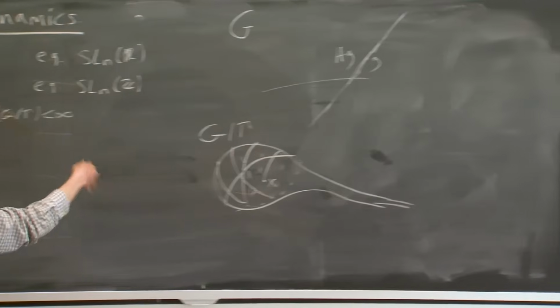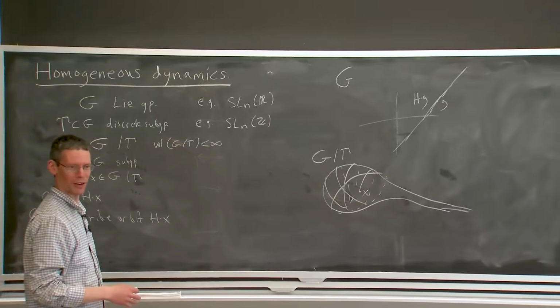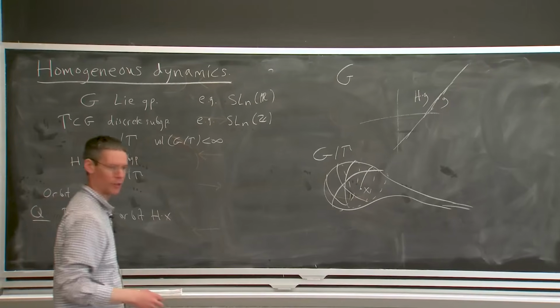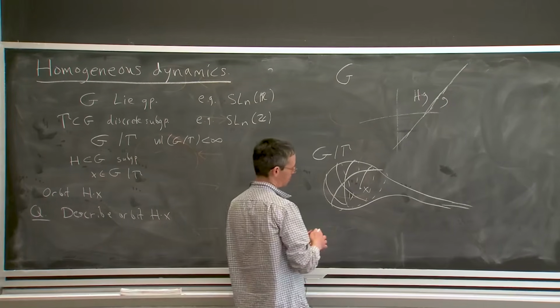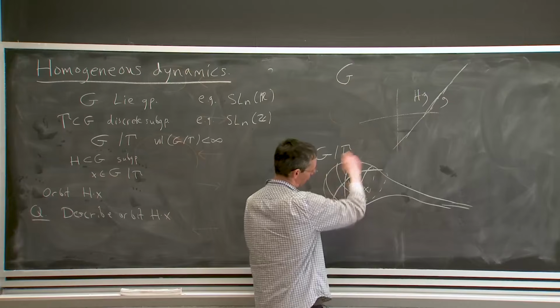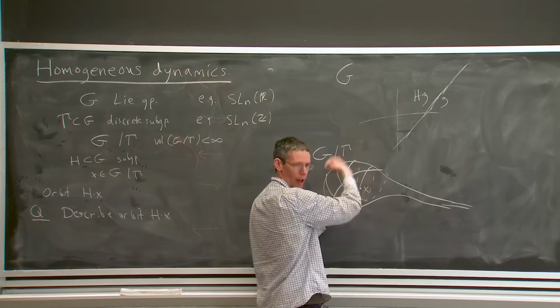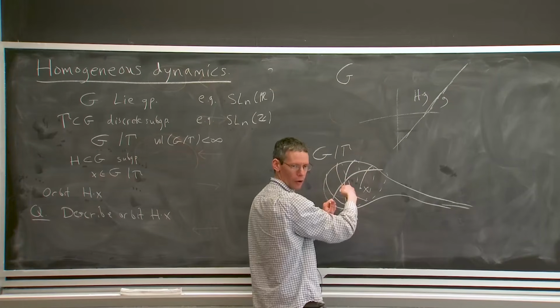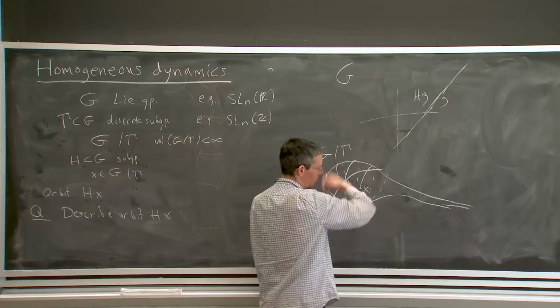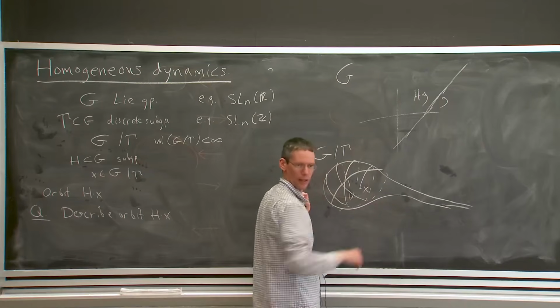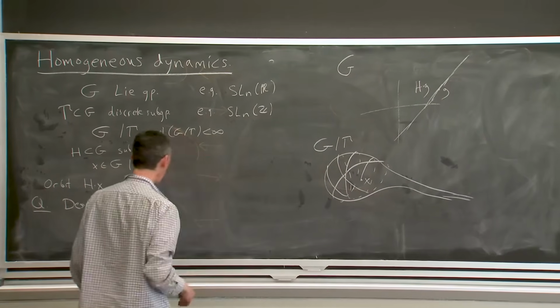And the picture looks a lot more complicated already, and we want to understand what does this do. Is it going to wrap back on itself and just go around over and over again the same thing, or is it going to evenly distribute all over G mod Gamma, or something else? OK.